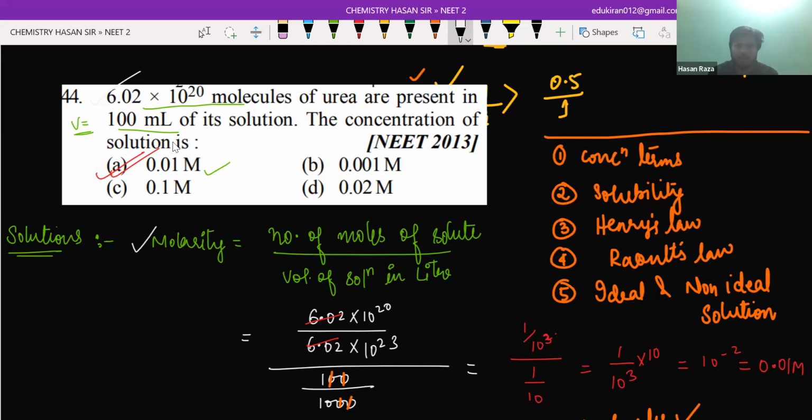I'm going to start this in the next class, on coming Sunday, and that class will be for 1.5 hours. In that class, I will directly ask questions from concentration terms, solubility, Henry's law, Raoult's law, ideal and non-ideal solutions.